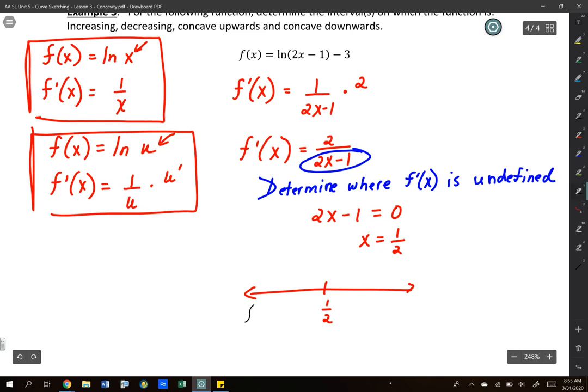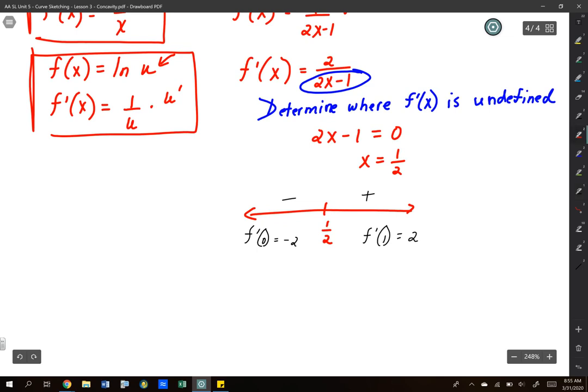Let's see here. So I got decreasing and increasing. So we are increasing where x is greater than or equal to 1/2, and we are decreasing when x is less than or equal to 1/2.